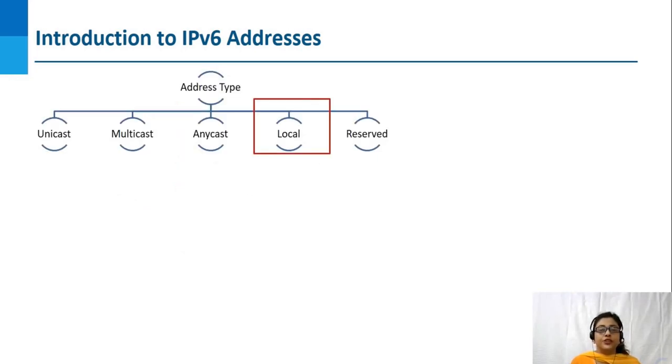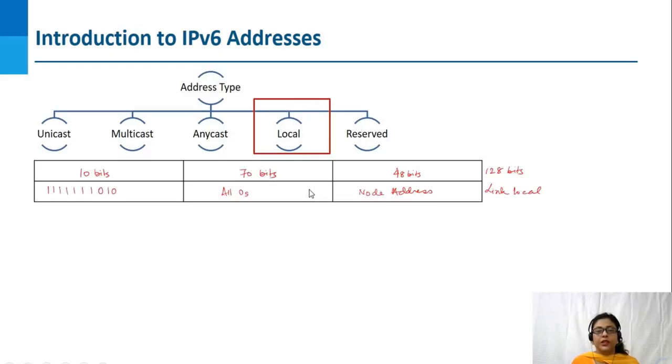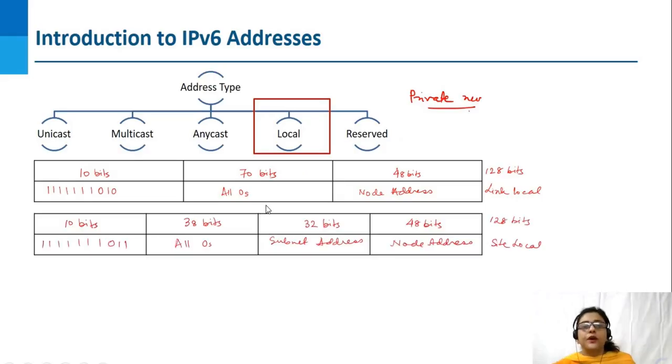Next, we turn our attention to local addressing. Local addressing is basically used when you want to send messages in a private network, outside the internet. There are two types of local addressing.